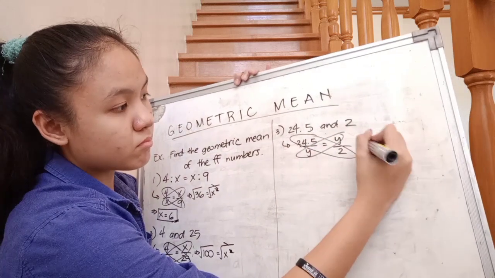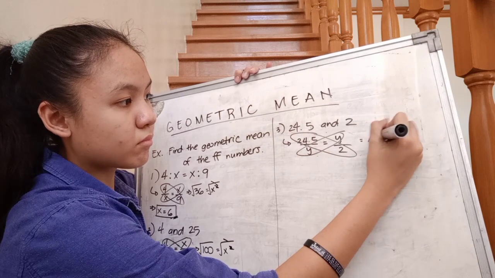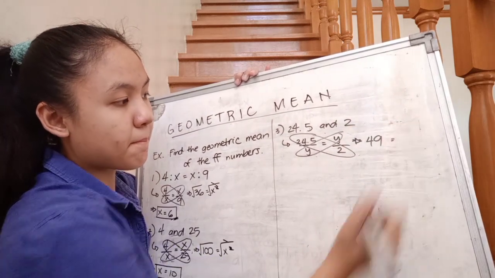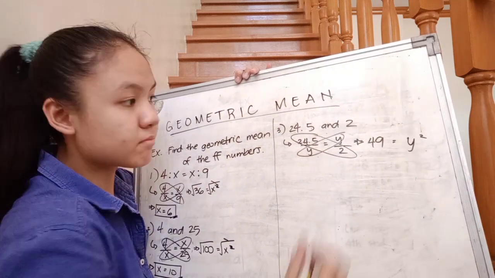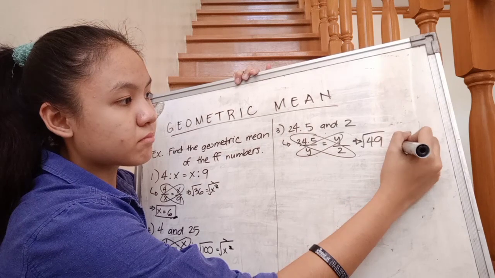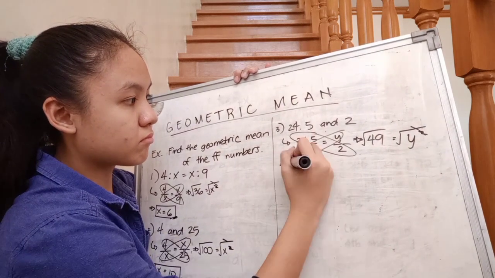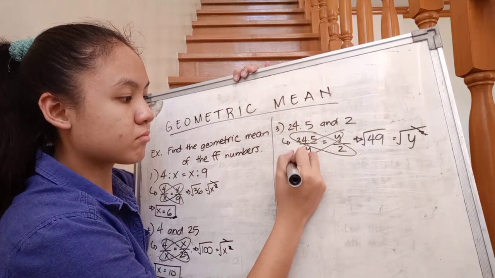Cross multiply, 24.5 multiplied to 2 is equal to 49. And y multiplied to y is equal to y squared. Then getting the square root of both sides, so cancel. Square root of 49 is 7, so y is equal to 7.